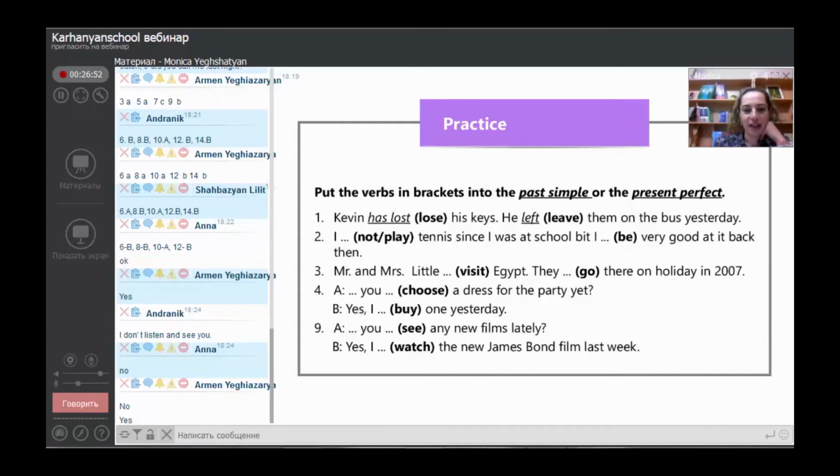Dear friends, dear students, in the second sentence there is written bit. Instead of bit, it had to be but. Some technical problems.